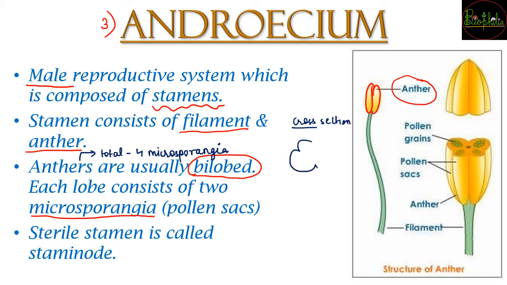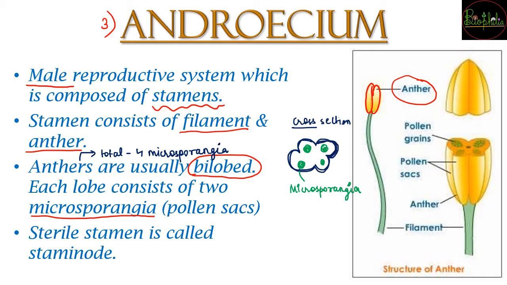So bilobed है, so it will be like this, and in between you are going to have 4 microsporangia. So ये green color में जो होगा, these green colored ones are going to represent the microsporangia, and the outer layer is going to show you about the cross section walls of anther.